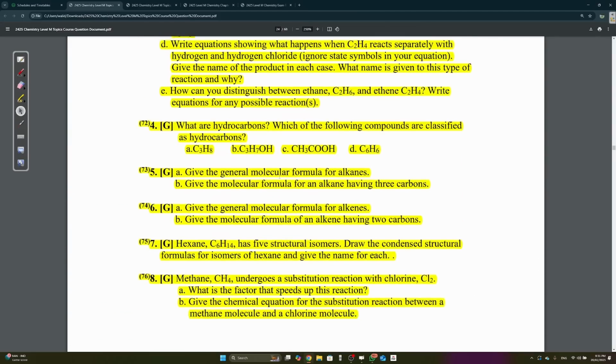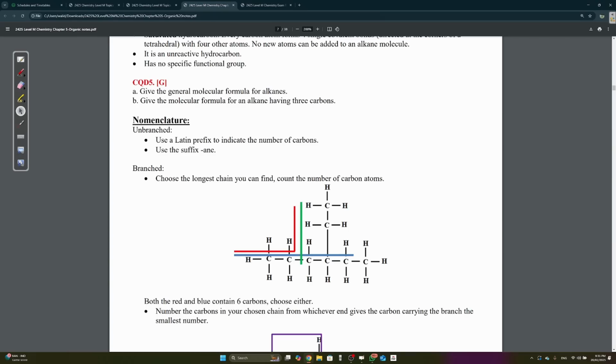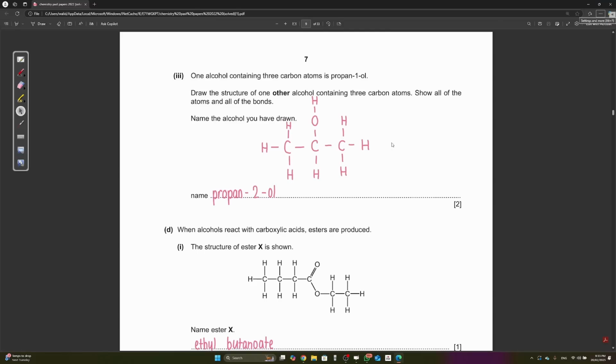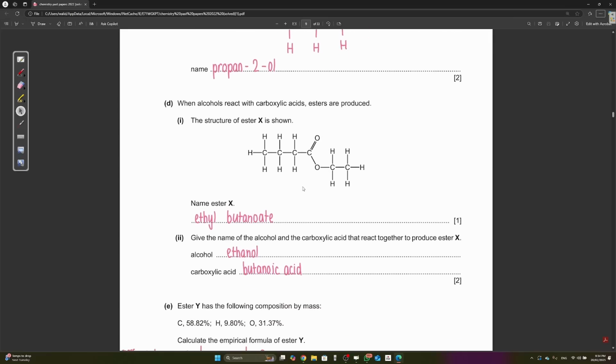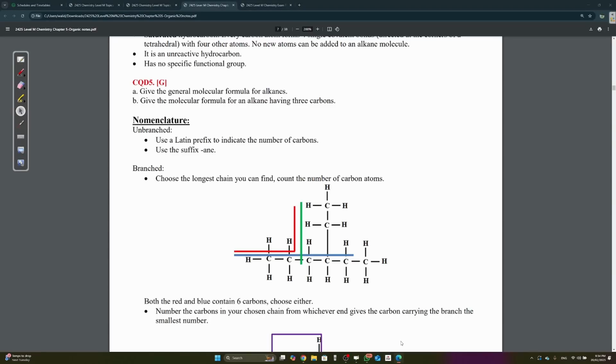In the written part of the past papers, there are questions where you have to name. I'm going to go over the naming for alkanes, alkenes, alcohols when I get there. For now, I'm just going to start with naming the alkanes.